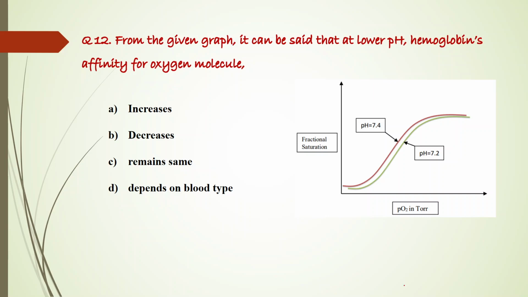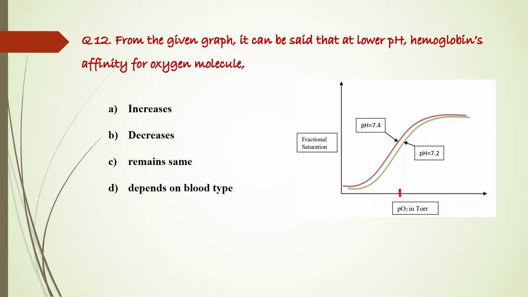Okay. If we look at the graph, you can already tell. This is the graph for pH 7.4 and this green one is for pH 7.2. So what is happening when you are lowering the pH? Suppose at this partial pressure we are checking. This is the partial pressure of oxygen.